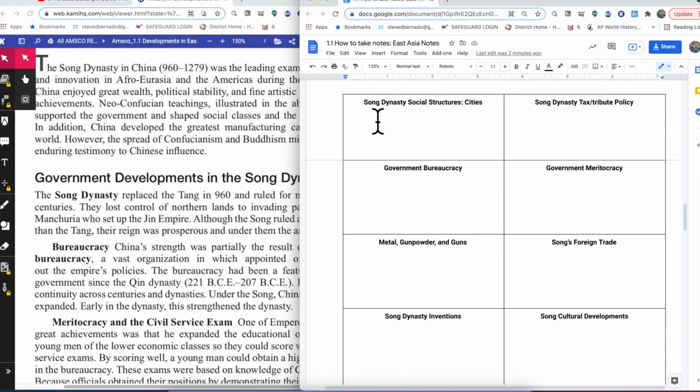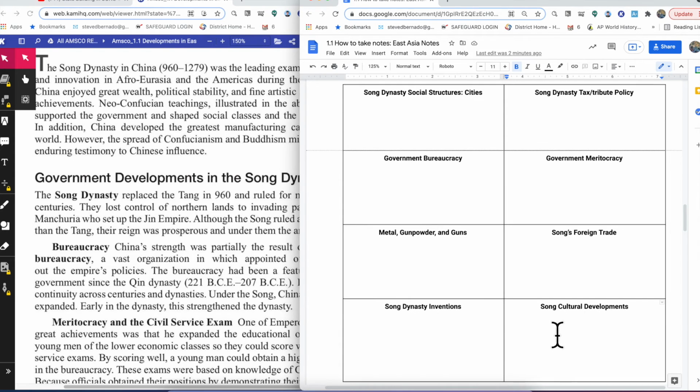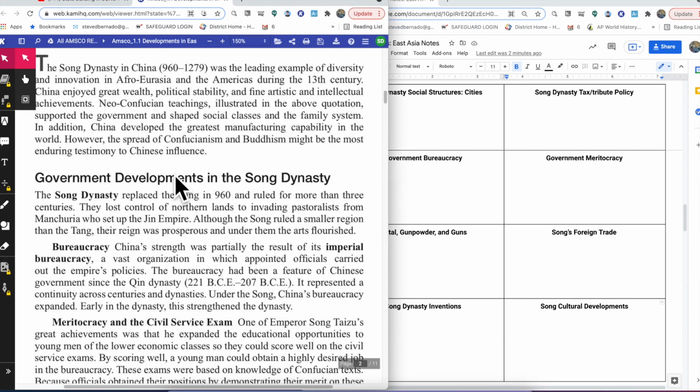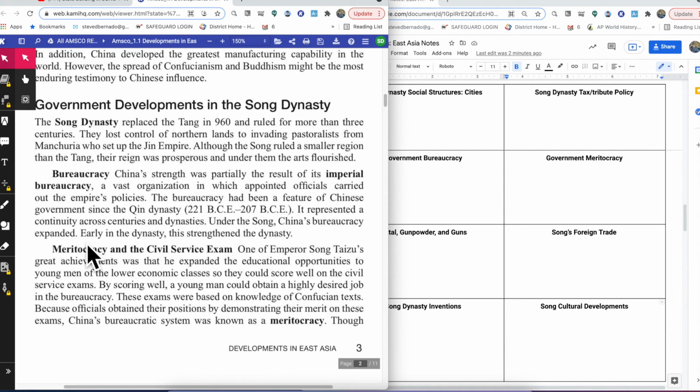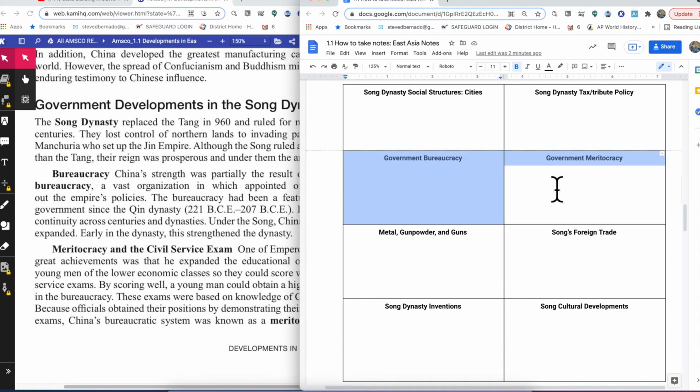So now we've got to look at Song dynasty social structure, cities, taxes, tribute, government bureaucracy, government meritocracy, metal, gunpowder and guns, foreign trade, inventions, and cultural developments. That's what we're looking for here. Right away, we see government, bureaucracy, meritocracy, and here they are, bullet points.